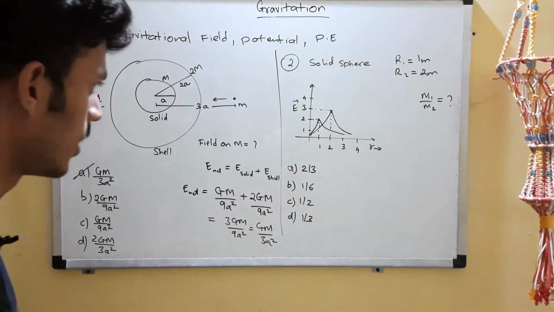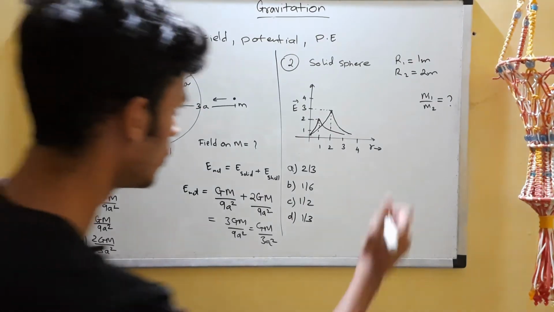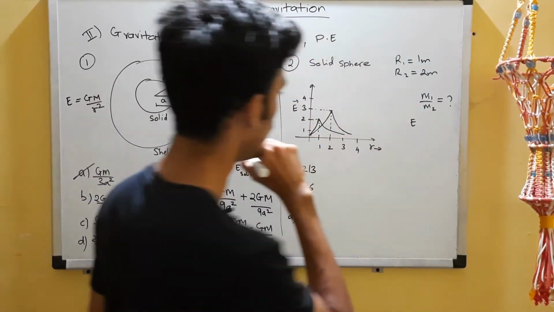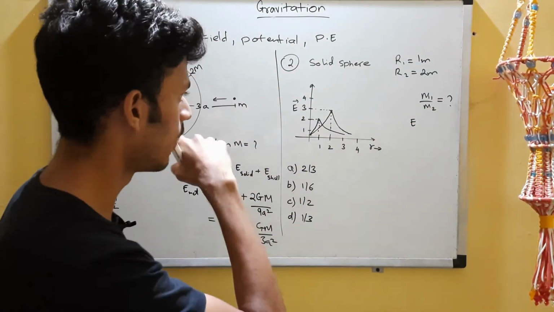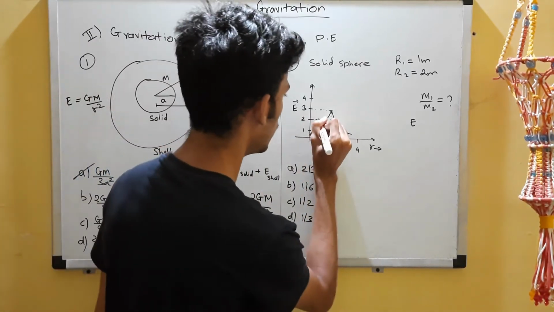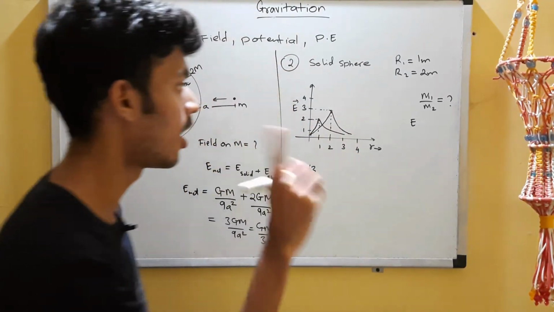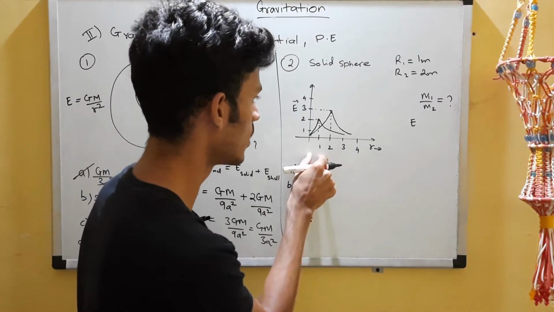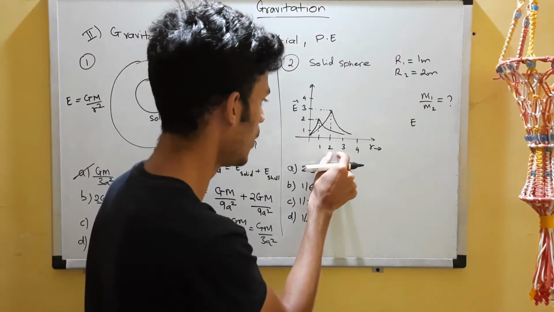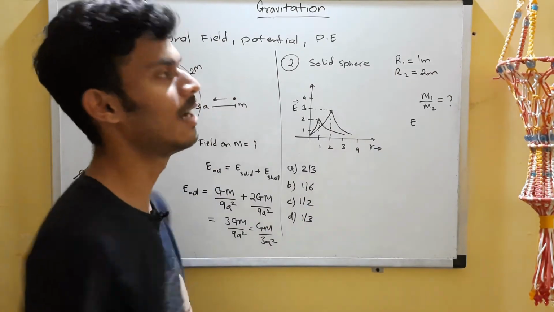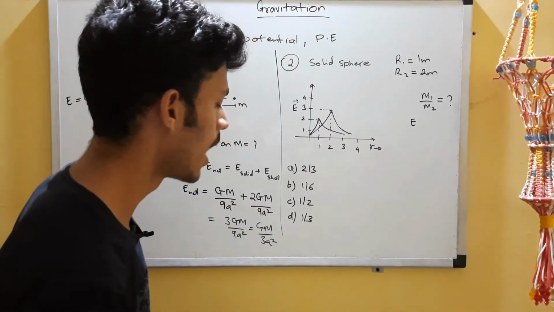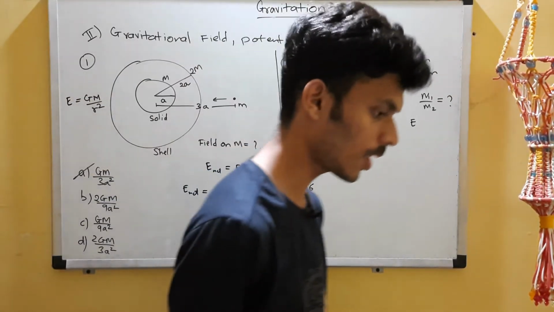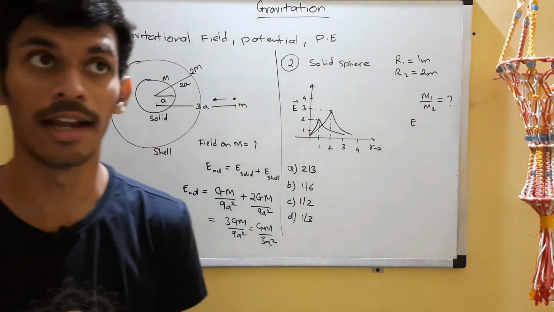Again, we can use the same logic, okay? We'll use the gravitational field. You can see different values of gravitational field. You are sure about these values, right? So here the point is being marked for you and we can use it. 1 is the radius of the first solid sphere and 2 is the radius of the second solid sphere, right? And what is the gravitational field at the surface?